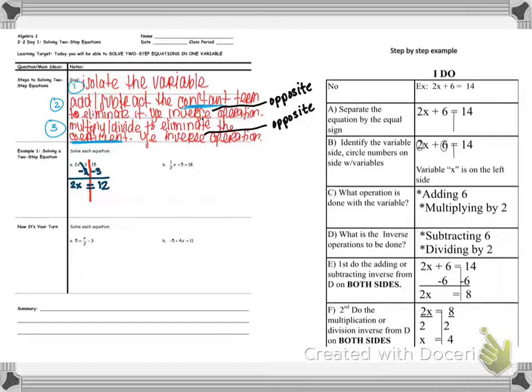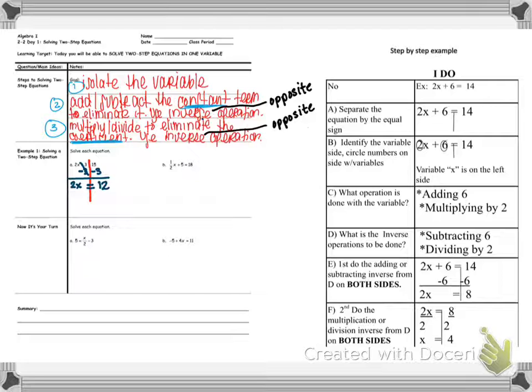Okay, so now my equation has changed to a one-step equation where I have 2x equals 12. And I want to eliminate the coefficient, which is 2. It's the number in front of the variable. And I want to do the opposite operation. So this is saying 2x is 2 times x.